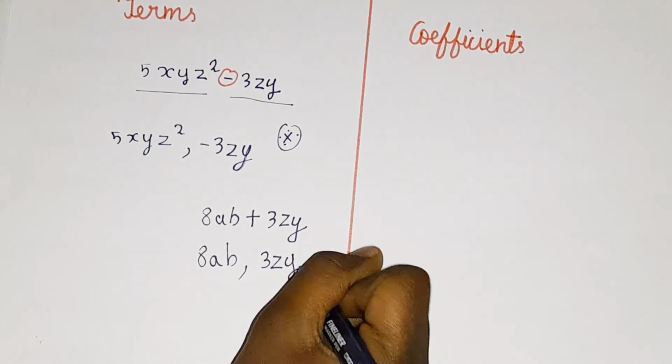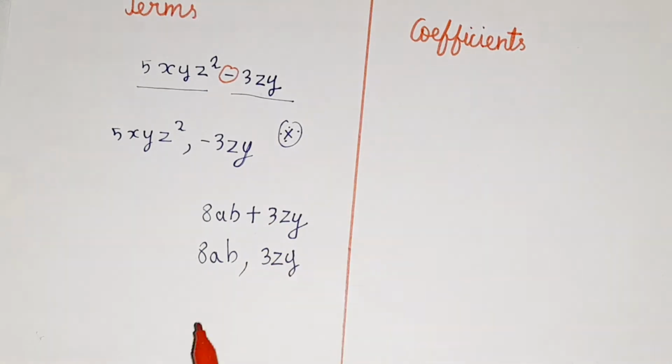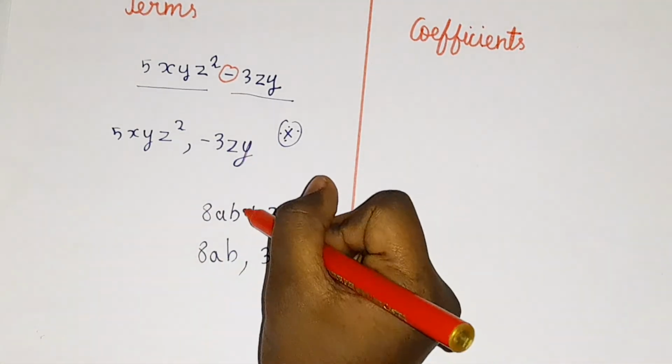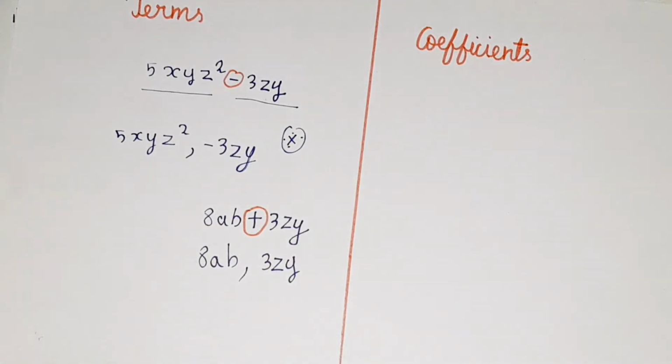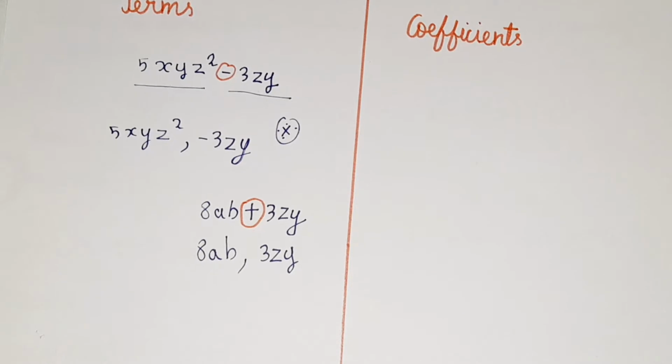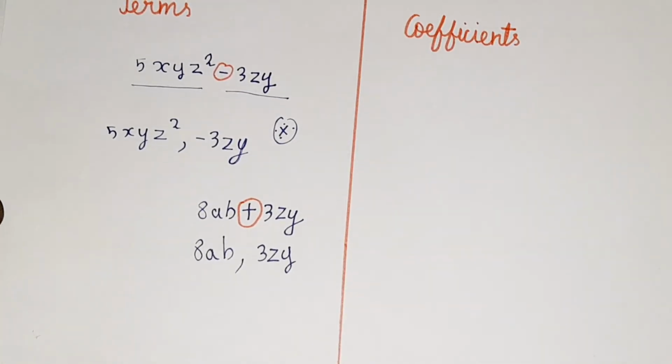If we don't write the plus symbol, it still means plus, so there is no need for a plus sign. How do I know these are the terms? They are split by the mathematical operation, which shows it clearly.